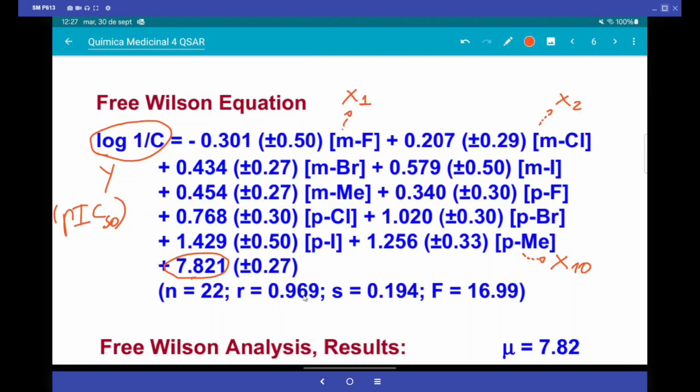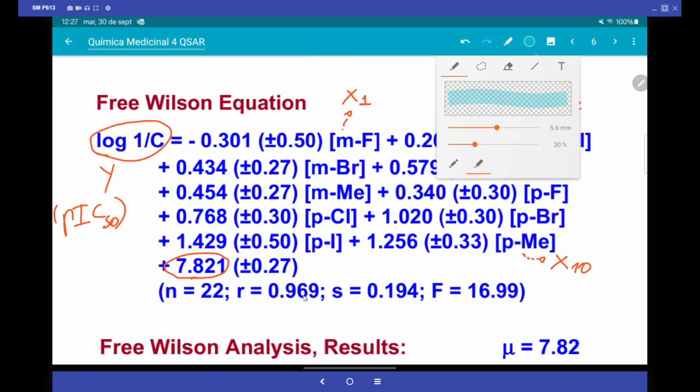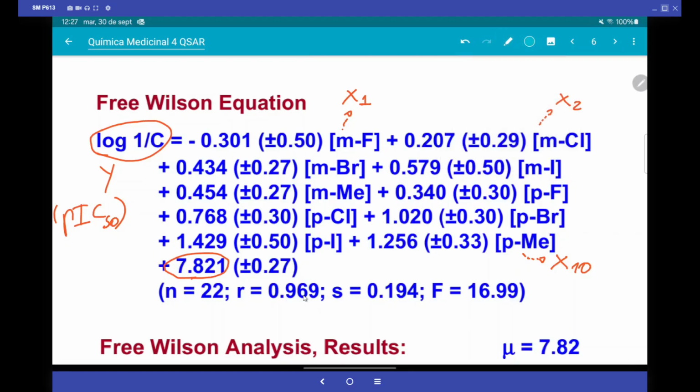Now comes the interesting part. Exactly, what is the most negative? Very well, the first is the only negative. If you are working to design a new drug, are you going to put fluorine meta? No, because I would lose 0.3 in this value. Then which is the best substitute?